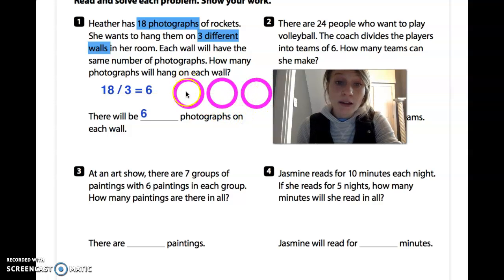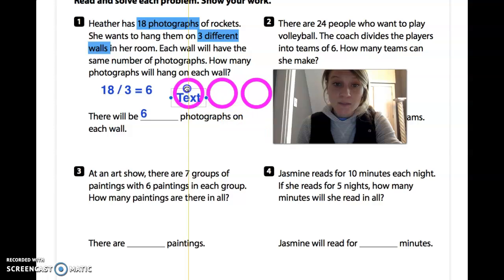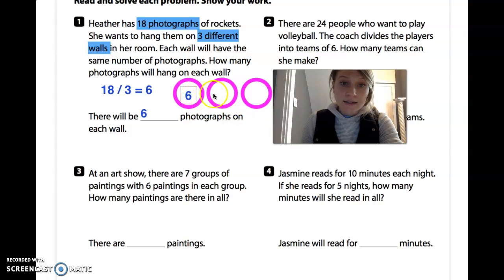I can't put all 18 here. I can't put just that much, but I can put 6. 6 more pictures. And then 6 more pictures. So 6 times 3 equals 18. So there will be 6 photographs on each wall.